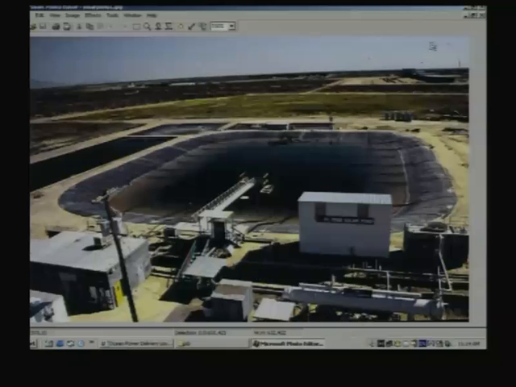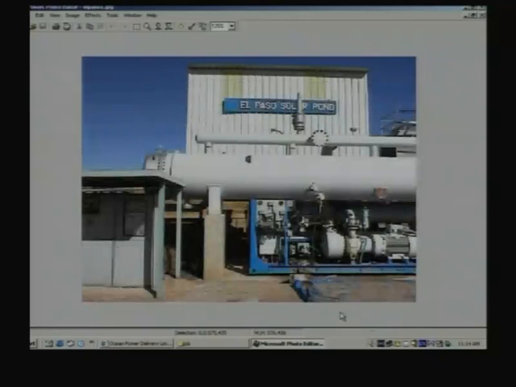Now in this case, this particular facility has an electrical power generation facility. That means electrical power of about 100 kilowatts is generated from a pond of that size.